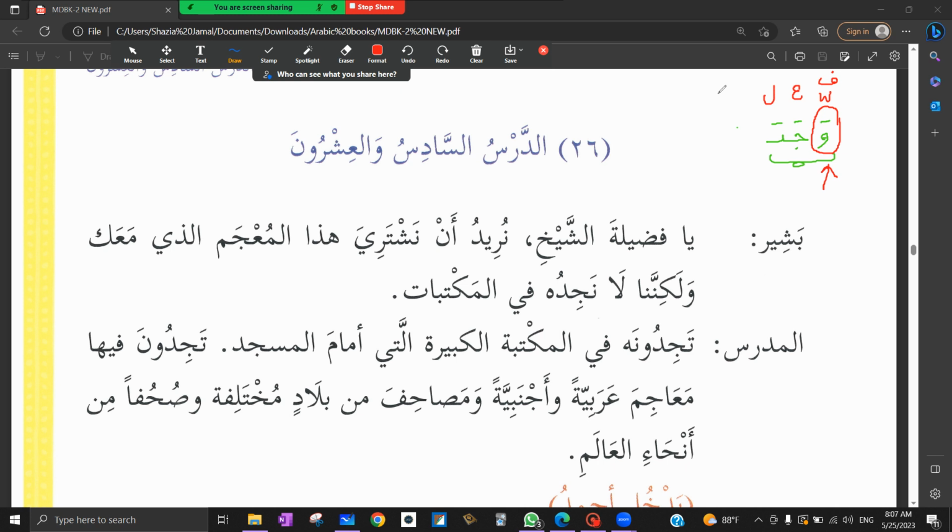In Arabic morphology, the foundation of morphology is based on the scale fa, ain, lam. There are different scales, but this is the starting scale that we will learn. This is just the basic foundation that you are learning about the verbs that are weak in the first radical.